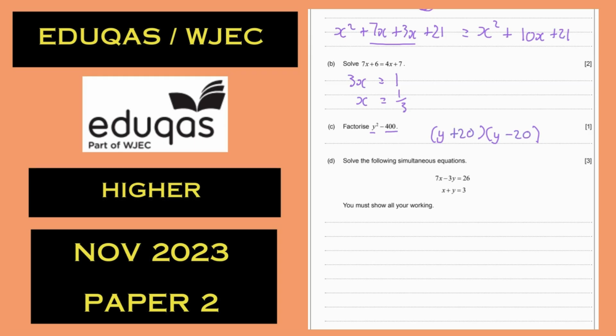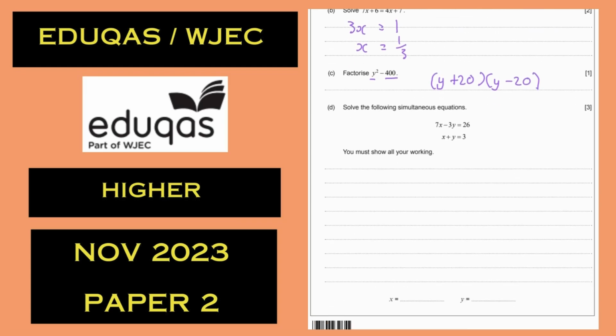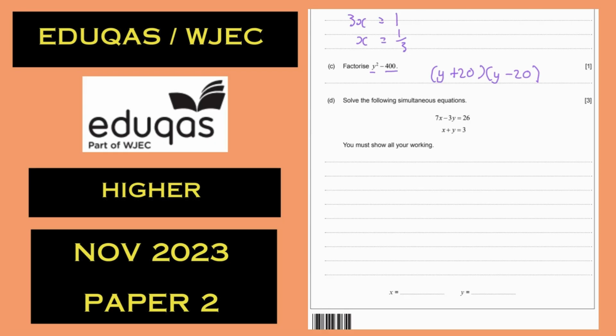It's plus and minus 20, no matter which way you've gone about it. But the key thing is it's called the difference of two squares. Make sure you do revise it. It's very popular for a little 1 mark. Sometimes comes up in those algebraic fractions where you're expecting loads of stuff to cancel off the top and bottom. But anyway, I digress. Simultaneous equations.